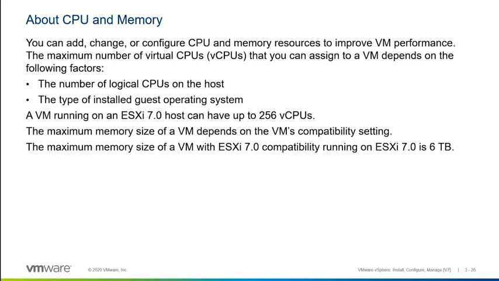If you'll remember, we can have up to 256 virtual CPUs, but you have to have the corresponding physical hardware to match that. So if you only have, for example, 22 hyper-threaded cores in your ESXi host, then ESXi will prevent you from creating or running virtual machines that exceed 44 virtual CPUs.